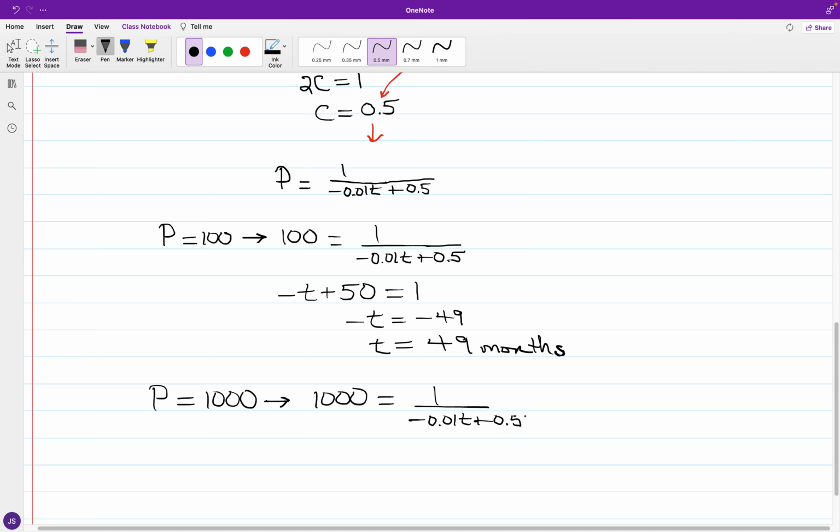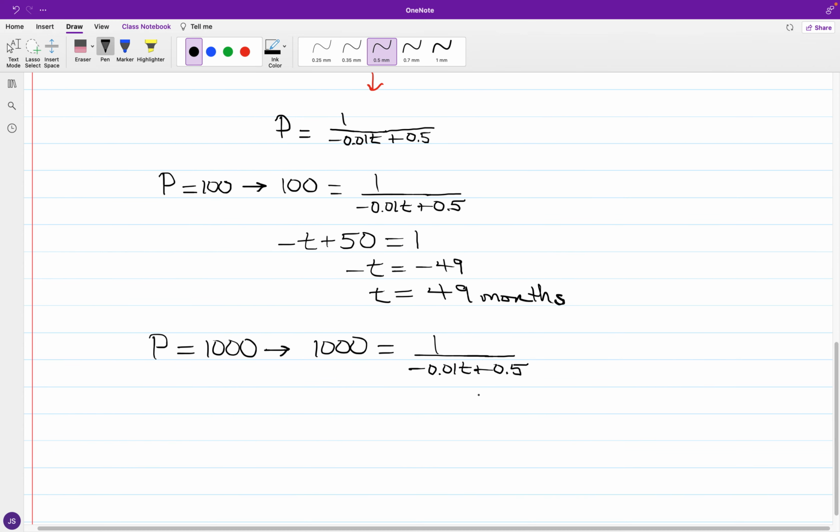And again, multiplying both sides of the equation by the denominator, just to get out of the fraction mode, we have 1,000 times negative 0.01t becomes negative 10t plus 500 is equal to 1. Deducting 500 from both sides, we have negative 10t is equal to negative 499. And so t, upon division by negative 10, is equal to 49.9 months.